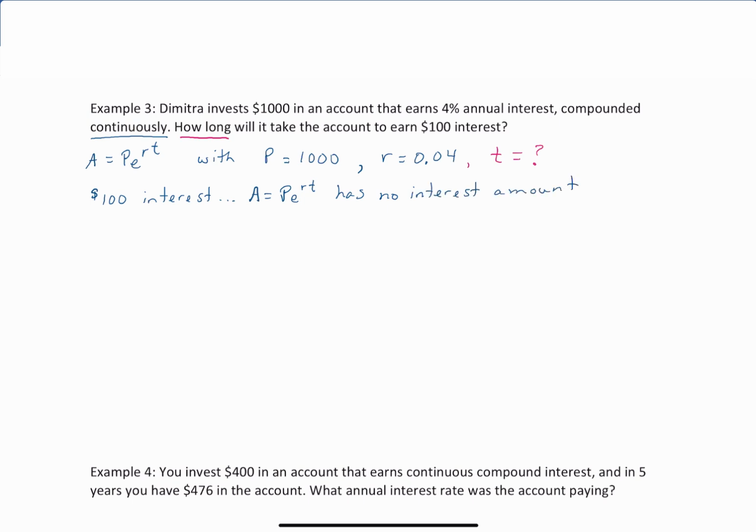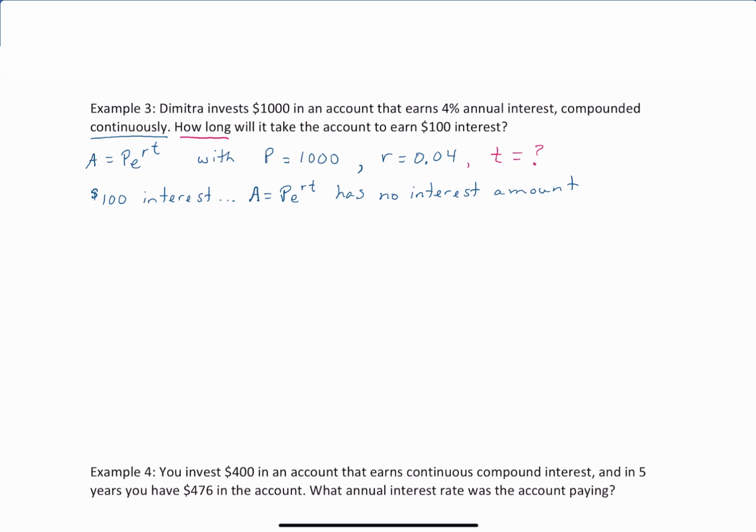It's got the interest rate, R, that we already know is 0.04, but it's got nowhere where there's a dollar amount for interest. So, what are we going to do? We're going to have to be a little creative here. I know you didn't think math was creative, but it is.